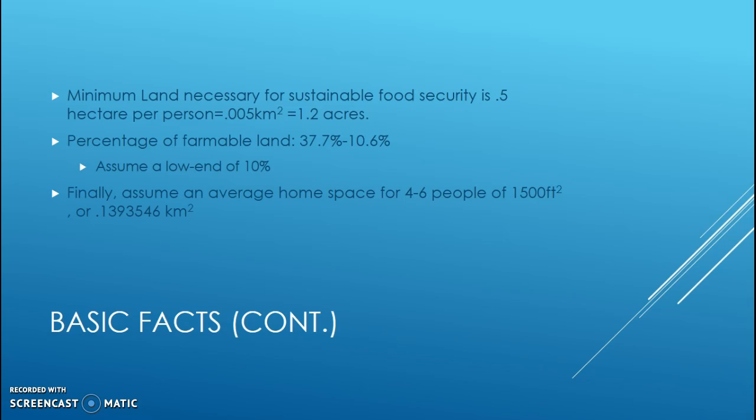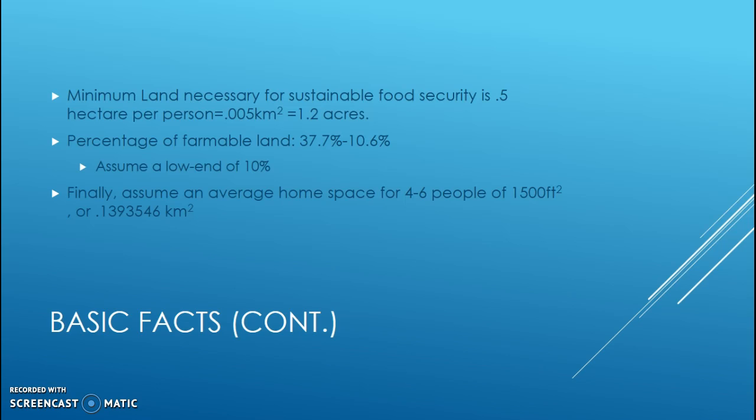Percentage of farmable land on planet Earth is approximately 37.7% to 10.6%. Now, these numbers vary so much in response to the amount of farmable land as compared to arable land. I will let you research into the differences.